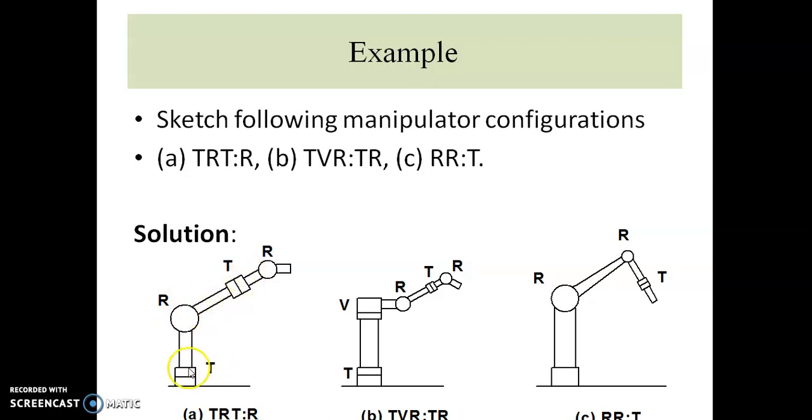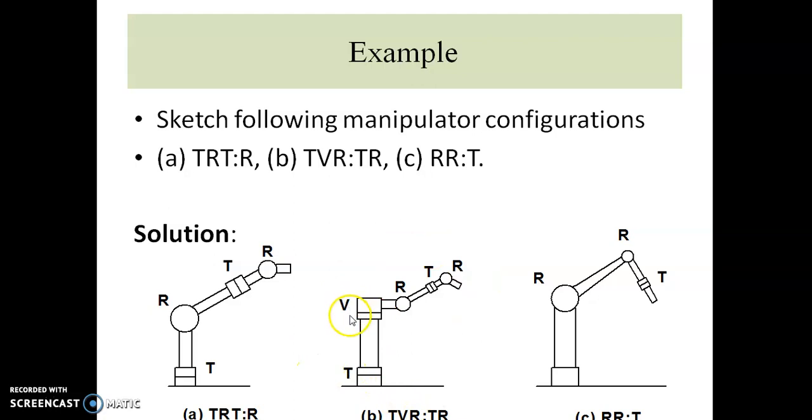That means this R type of revolving joint is for the wrist assembly, and twisting and revolving joints are used for the body and the arm assembly.